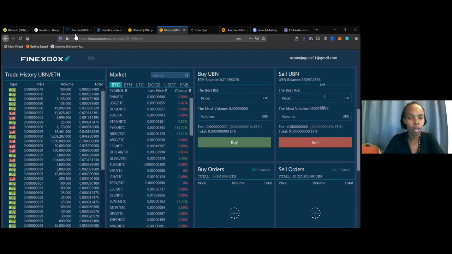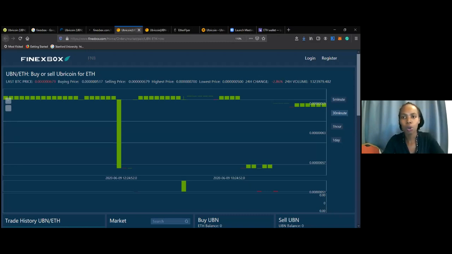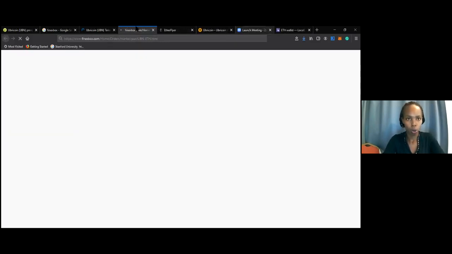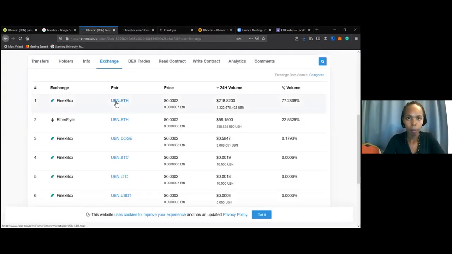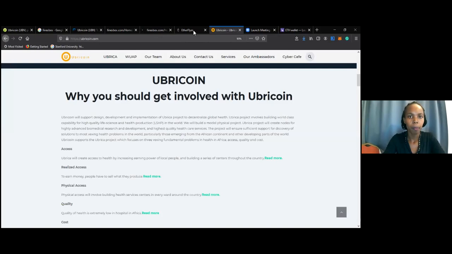I'm going to click on UBN ETH again so that we can go to the market and it can load a little bit faster, so that I can show you how to buy UBNs from this market. I'll open another tab. Let me close some windows here. Maybe that's why it is taking some time.